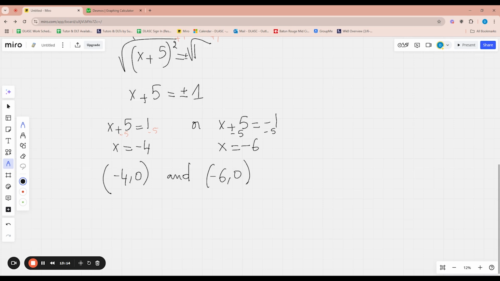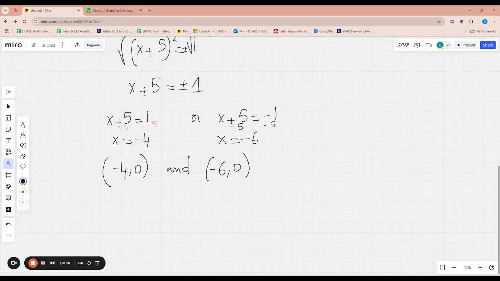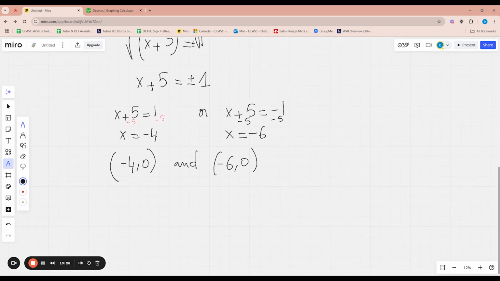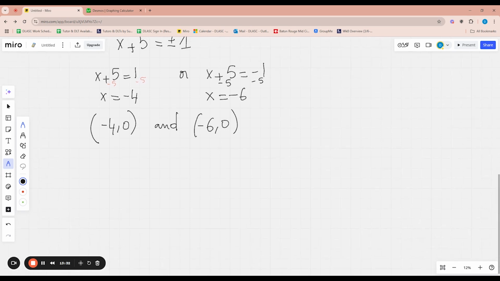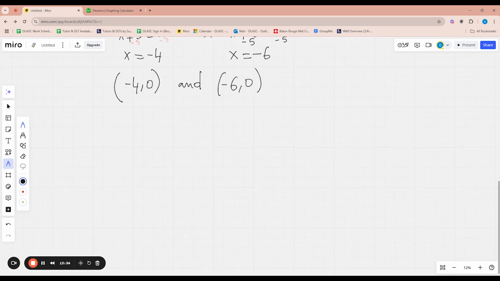These points show where the parabola touches or crosses the x-axis. For this example, it's gonna touch and turn.